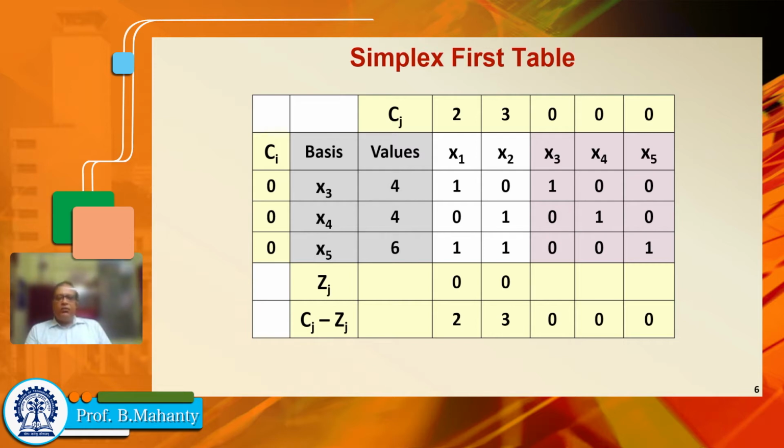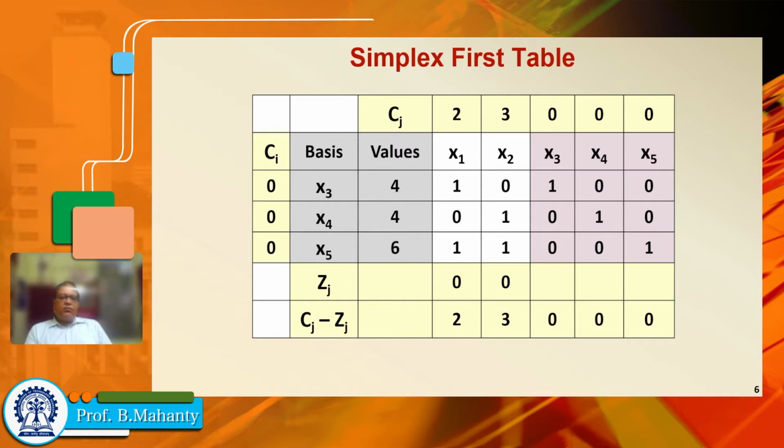1 unit of x1 into the basis, we have to give up 1 unit of x3, 0 unit of x4, and 1 unit of x5. When we give these up, the cost of that is 1 into 0 plus 0 into 0 plus 1 into 0, that means 0.